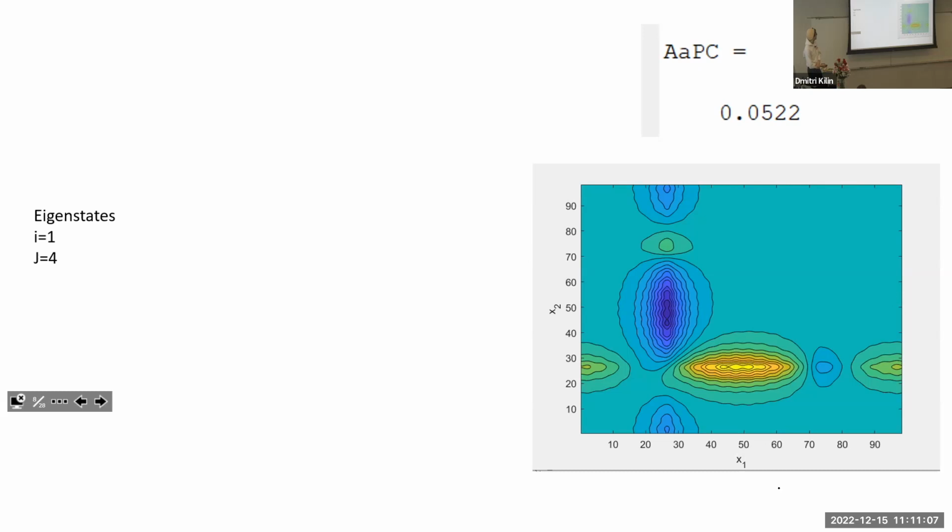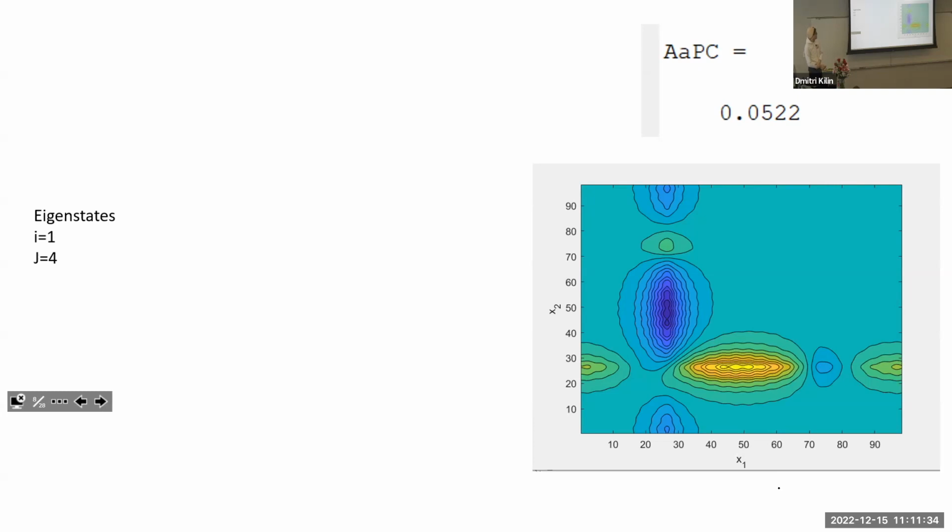What I hypothesize is that the alternating positive and negative functions along the x and the y are the fourth eigenstate compared to the first, and then as you go farther down the x-axis, I believe this is 3 and 1 and then 2 and 1. That's what I've hypothesized.